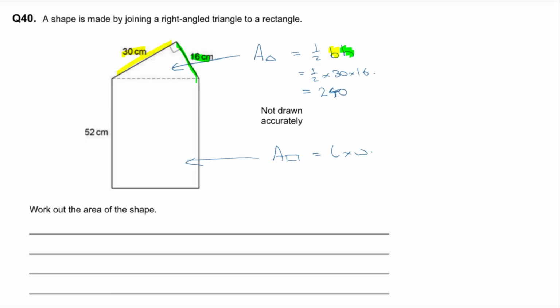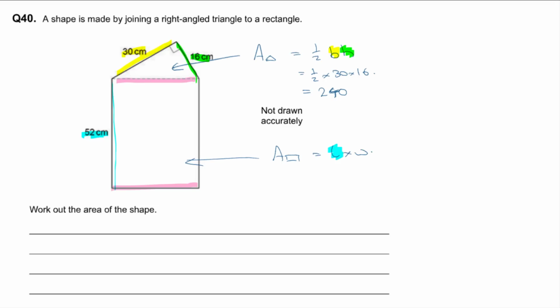So we need to work out the rectangle, but oh no, look, we've only got one side of the rectangle. We know the length, it's 52, that's that side there, look, but what's this side? I don't know. We're going to have to work it out, aren't we? Well, that side there is the same as that side up there, and that side up there is the hypotenuse of that triangle at the top, where we know 2 sides.